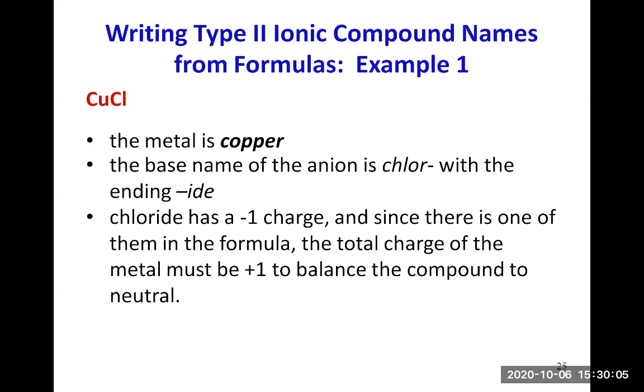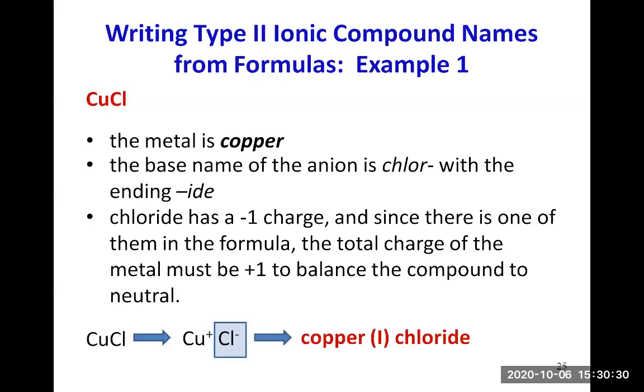So because there is only one, there is a total of 1 negative charge, and so we need one positive charge to balance the compound to be neutral. So that means the copper will need to carry one positive charge. And so in the formula, it's actually Cu plus and Cl minus together. And that means the name will be copper 1 chloride.